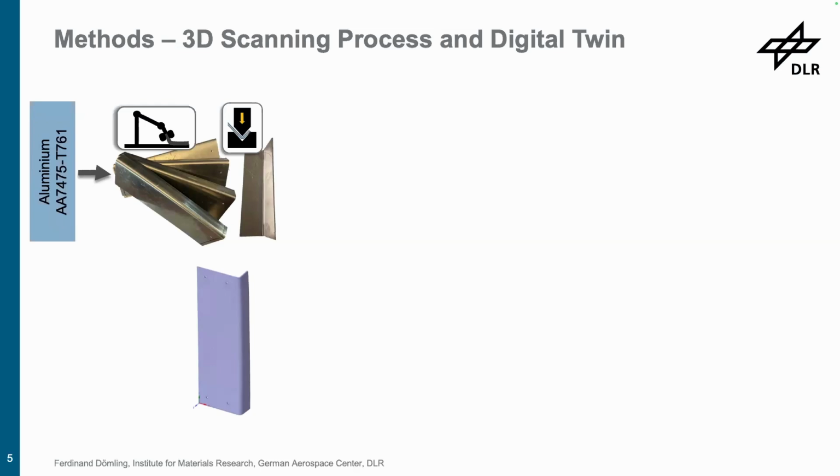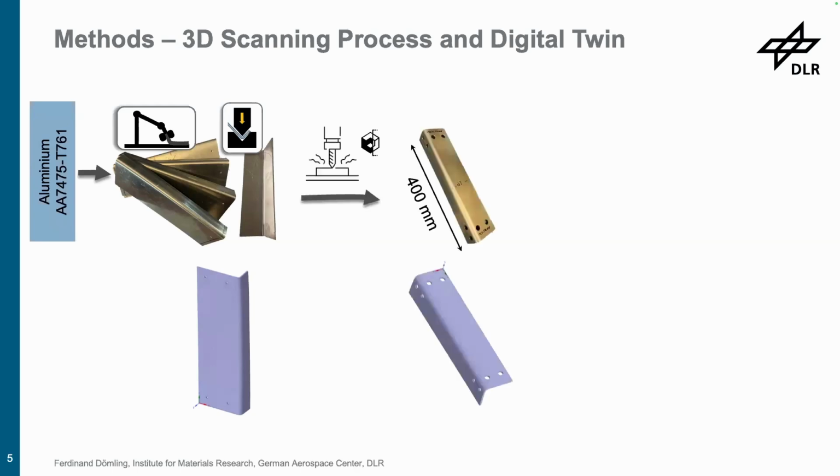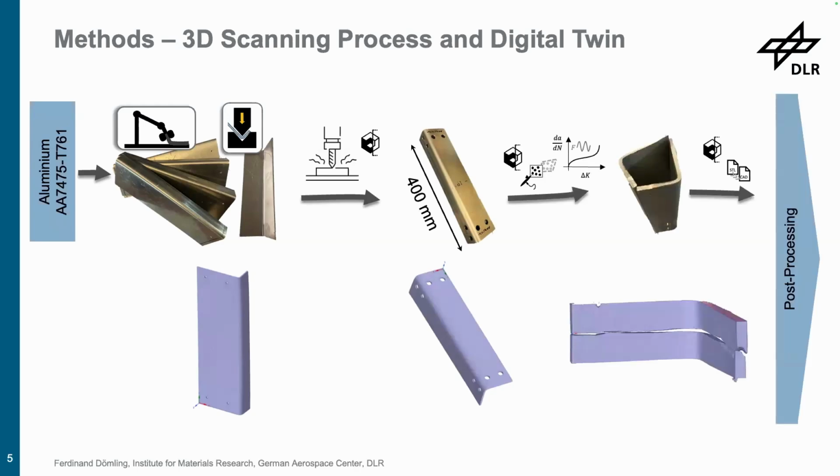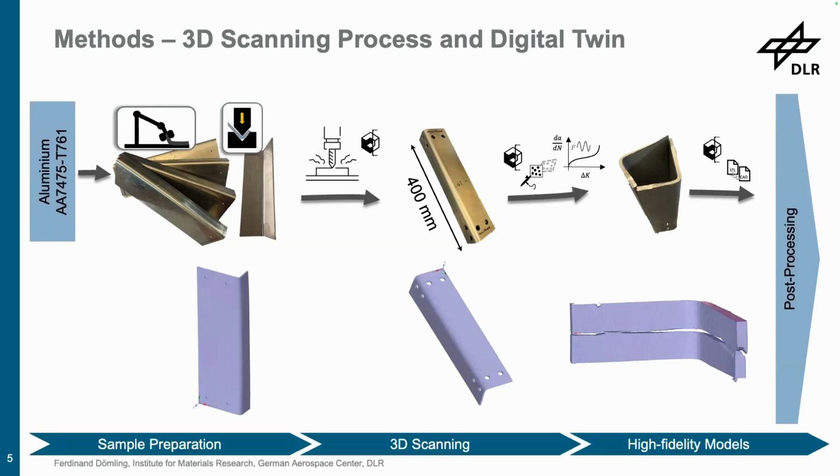Because this process might lead to some deviations to the design, we start with a digitalization process of our component, then of our sample, and then afterwards as well with regards to the fracture surface. So we have the full process essentially in a digital twin. And all this data can be put into post-processing. And the beauty is we can do simulations directly on these digital samples instead of derived models.